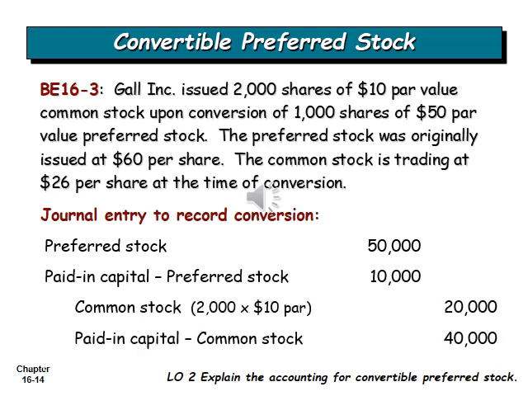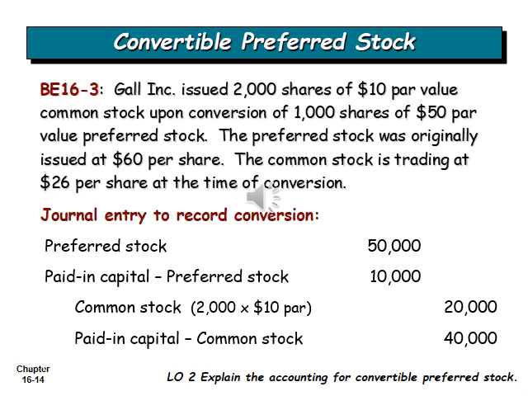Now, this example will explain the idea of conversion of preferred stock. The company issued 2,000 shares of $10 par value common stock upon conversion of 1,000 shares of $50 par value preferred stock. The preferred stock was originally issued at $60 per share.